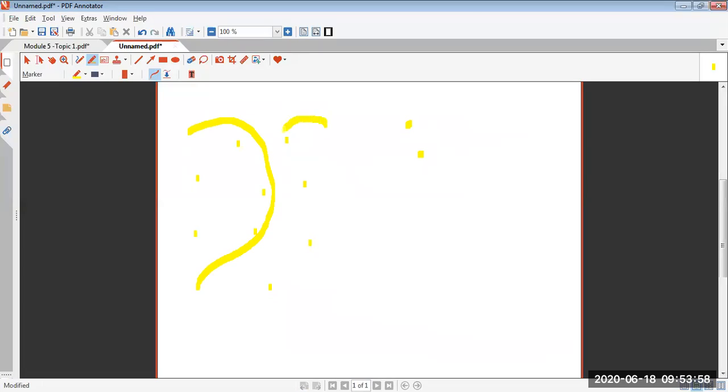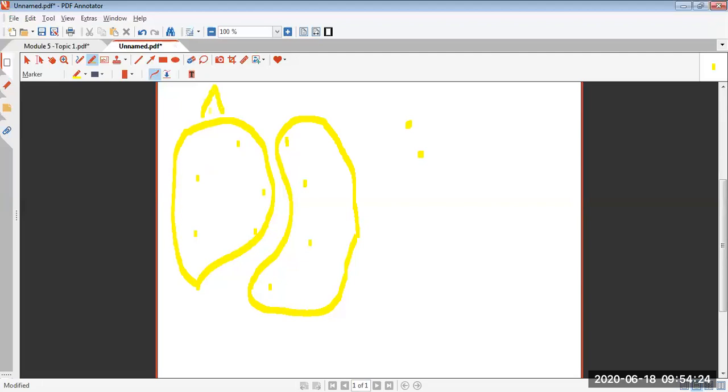I am trying to create cluster B. These 4 points fit into cluster B, but should I forcefully include these points also? You can see they are very far apart. They are dissimilar compared to the data objects in cluster B. So forcefully I will not include them. I'll close cluster B here. This is my cluster A.